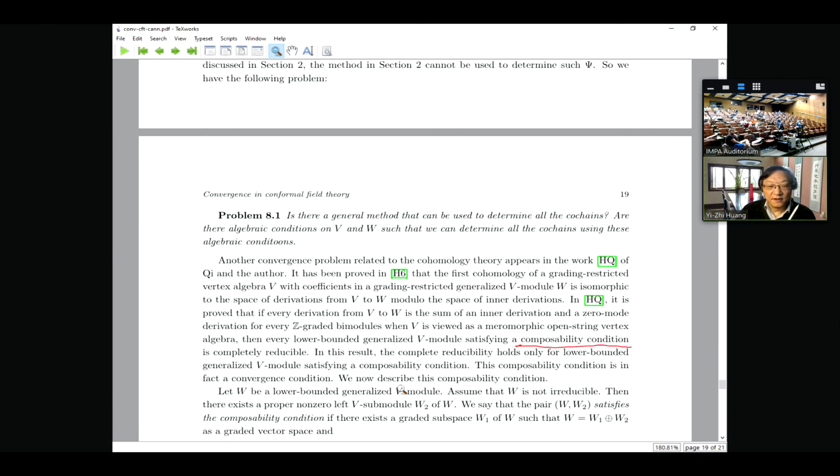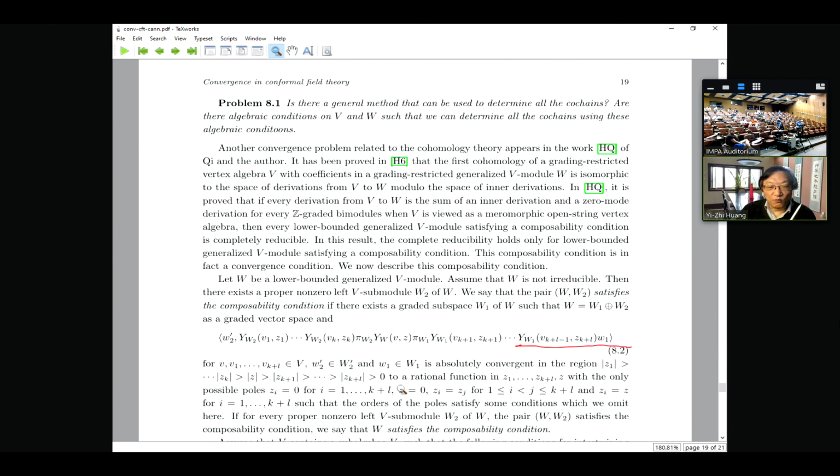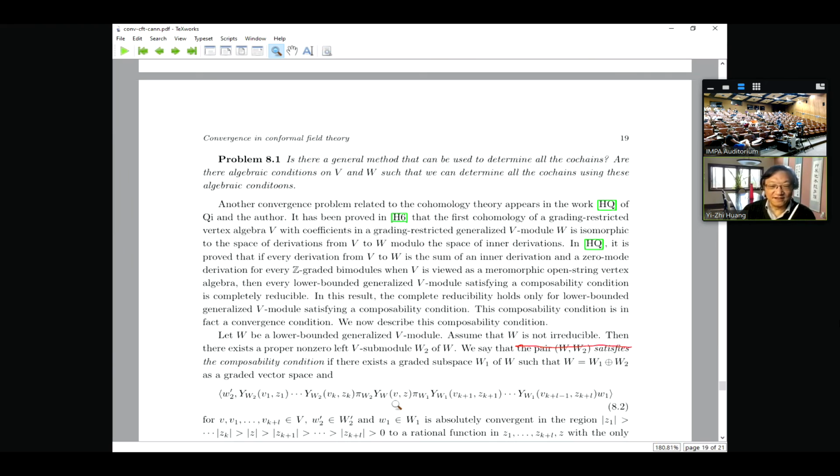But what is this composability condition? It is nothing but a convergence condition. If you have a module and a submodule, you can always find some W1 such that the direct sum is equal to the module, but this W1 in general is not a submodule.